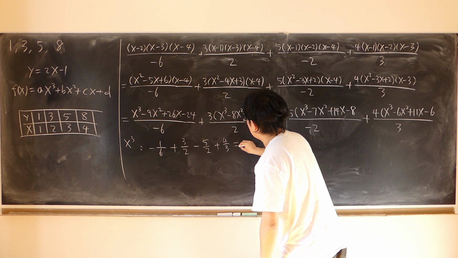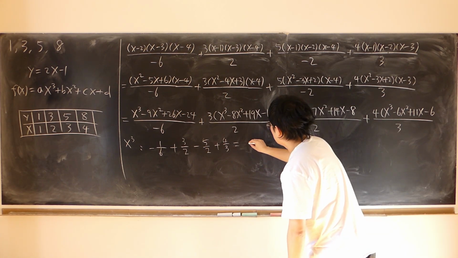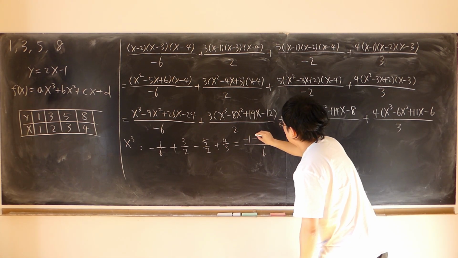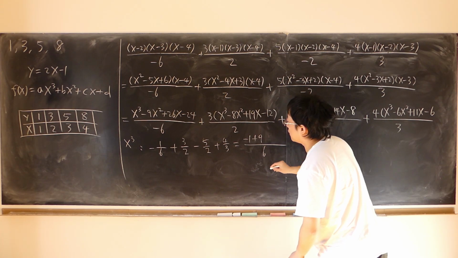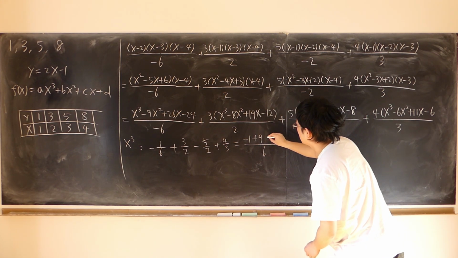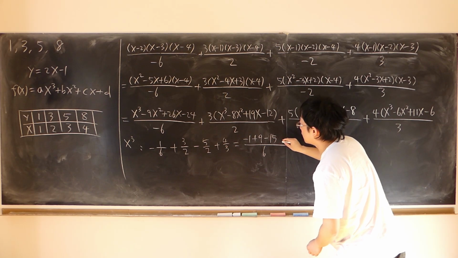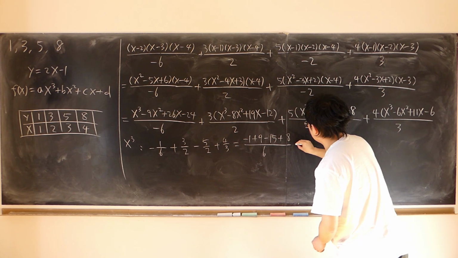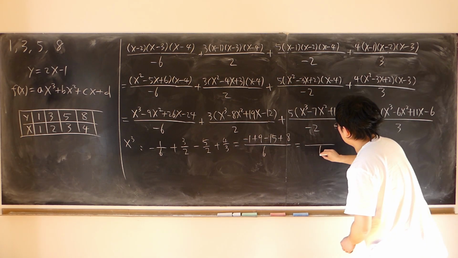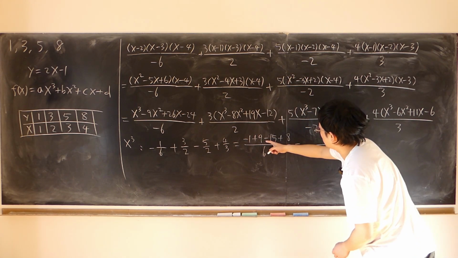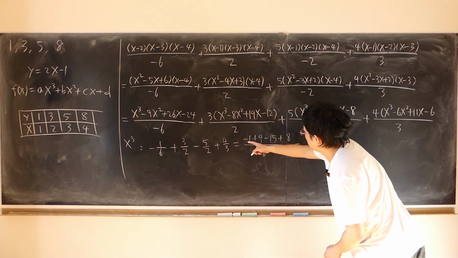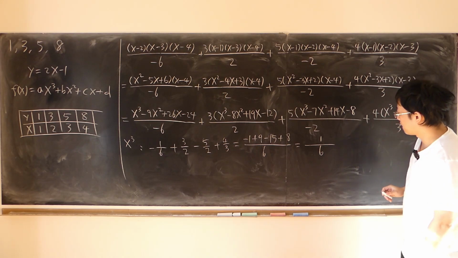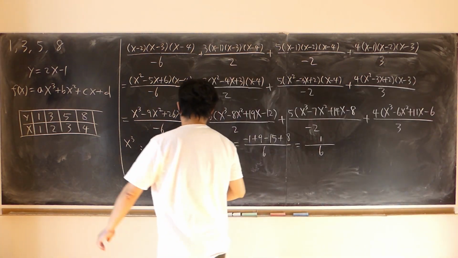Turns out to be 6, negative 1 plus 9 minus 15 plus 8. Okay, that is what? So 9 plus 8, 17. 17 minus 16, and it's 1 over 6.